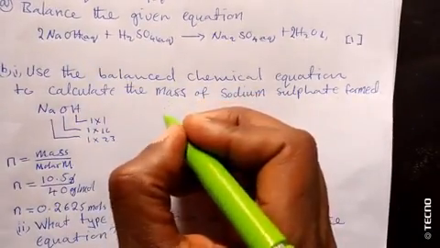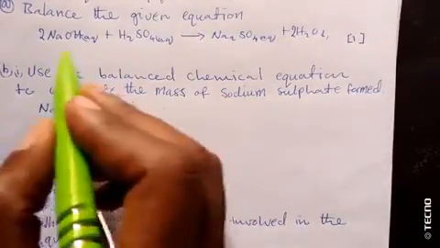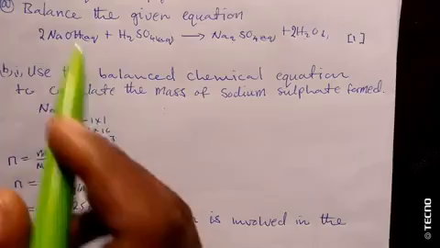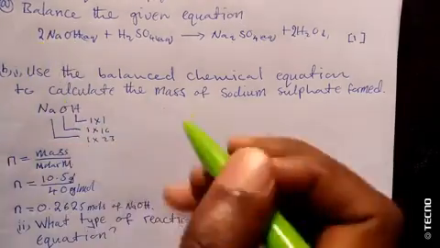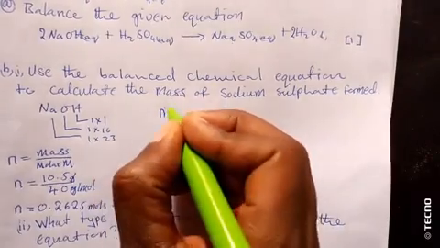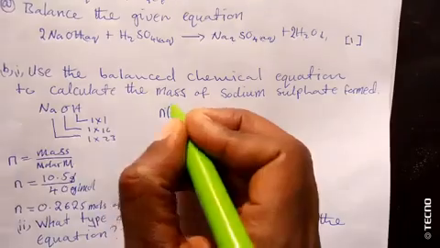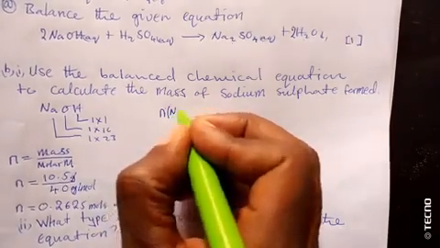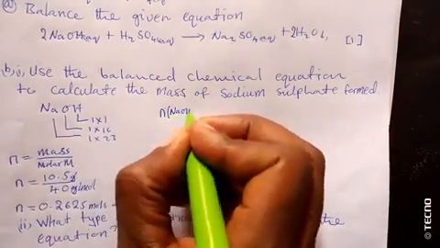So we'll just say here we've got this. We are using the balanced equation now. So we'll just say N there, which is representing the moles of sodium hydroxide.